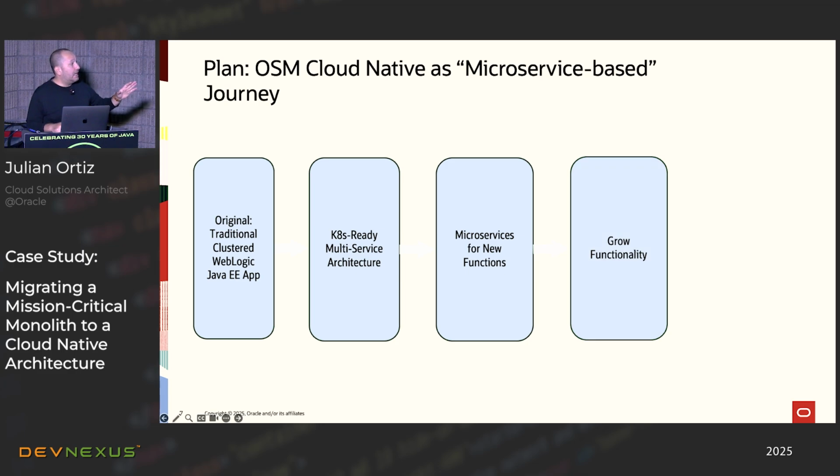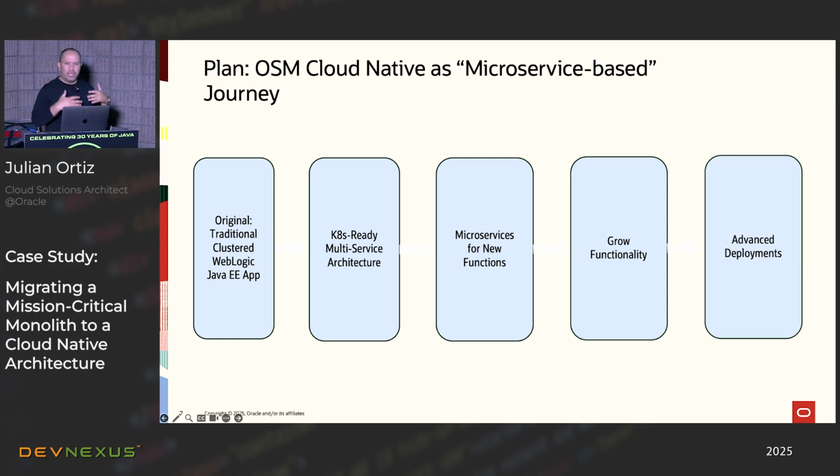Once we establish that, grow the functionality. We wanted to add new functions and enhance the product, but once we cover the first three stages of our plan. And last, now that we feel like we have a robust integration with the system in different components, we want to work on different advanced deployments like blue-green, sharding, or canary deployments.